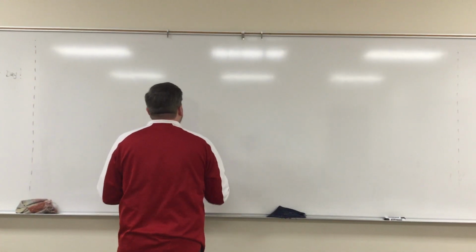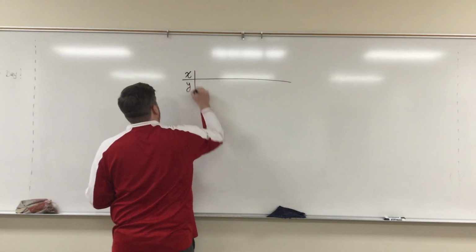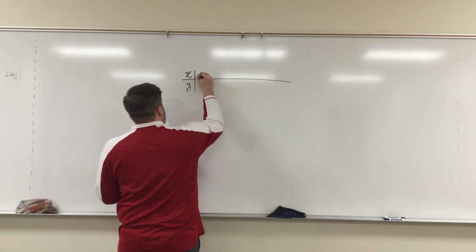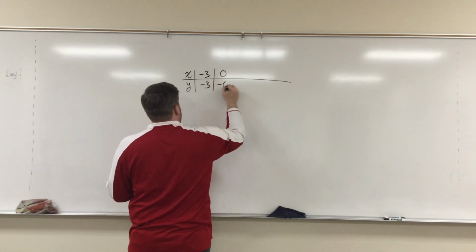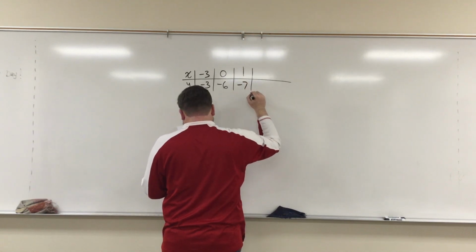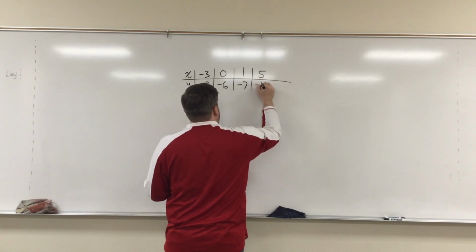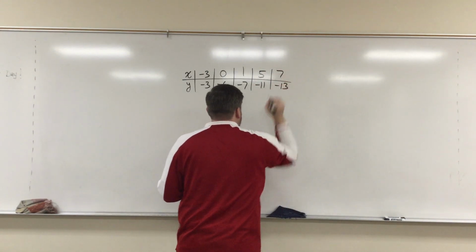All right. We have -3, -3, 0, -6, 1, -7, 5, -11, and 7, -13.